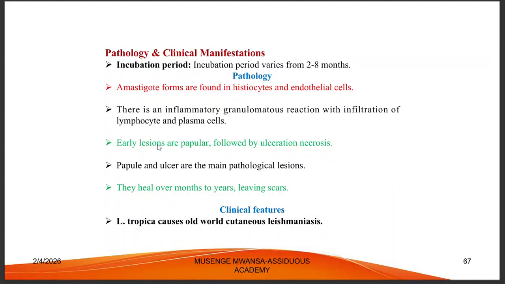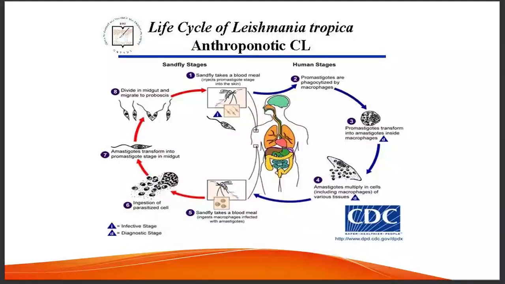So how does Leishmania cause a problem? The life cycle is the same one that we described for Leishmania donovani. You are bitten by a sandfly, it ingests the promastigotes. The promastigotes enter the macrophages.